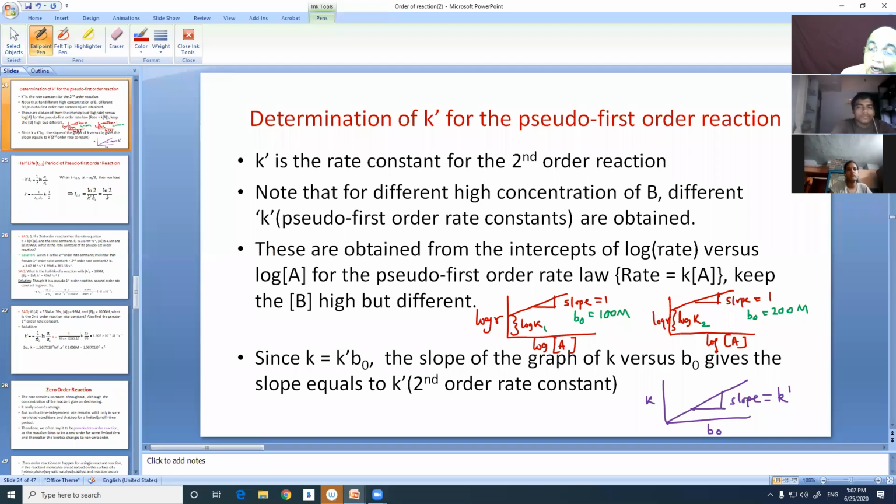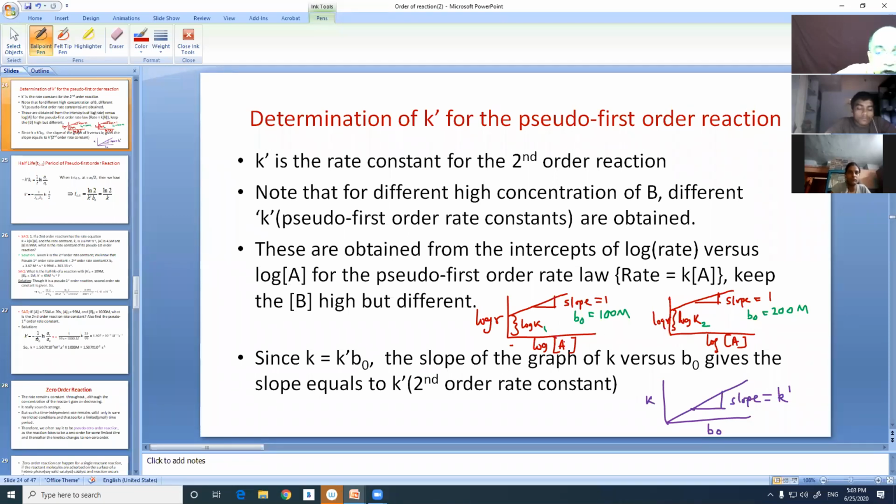These are obtained from the intercepts of the log R versus log A graph for the pseudo first order process, taking different B concentrations. Supposing B0 is 100 M, and you take the intercept, suppose it is K1, that is the first order rate constant when B0 is 100 M. You perform another experiment where B0 is 200 M, again follow first order kinetics, log R versus log A, you get a graph, and from the intercept you get K2.